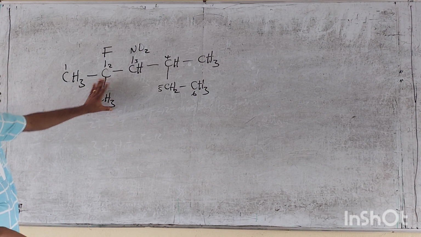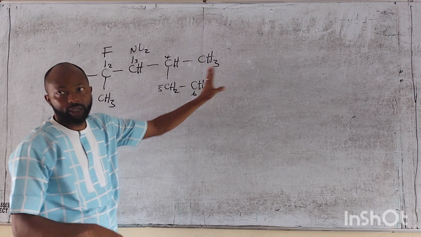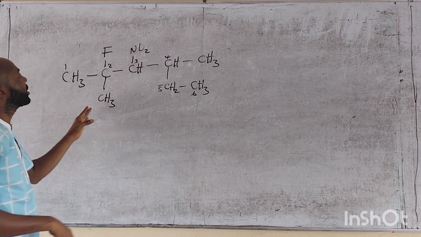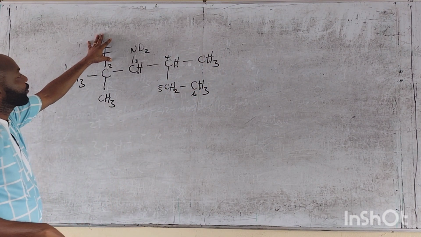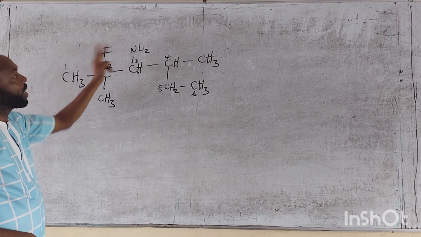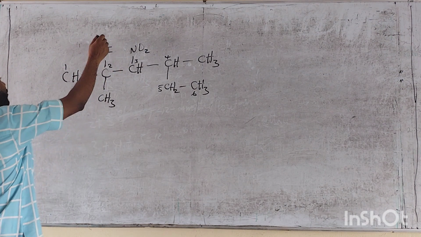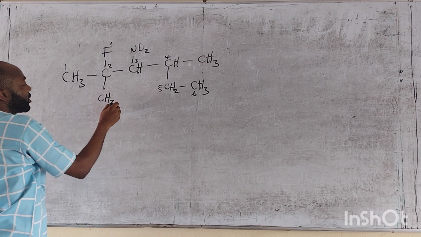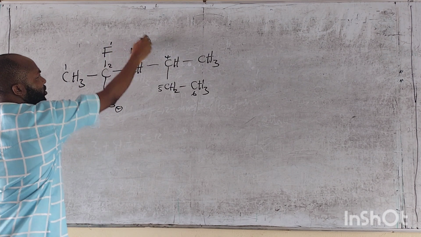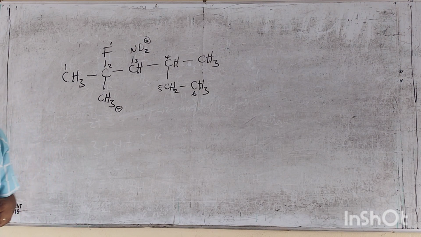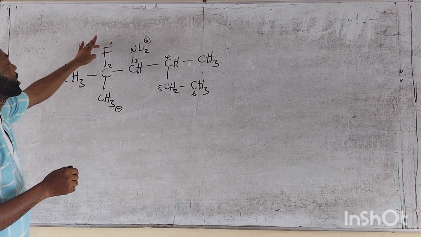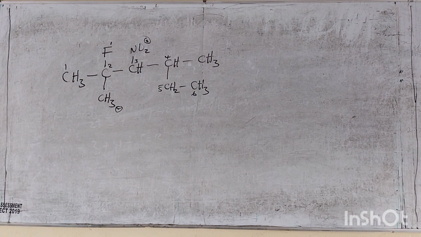And this is methyl, and this is methyl. So alphabetically, F comes before what? N, then M... no, M, then N. So F comes first, this is second, and this is third.